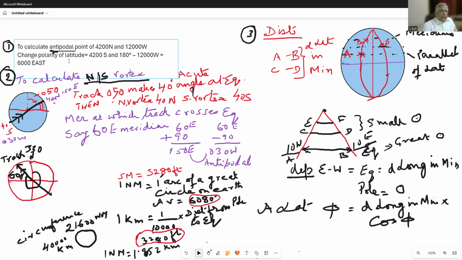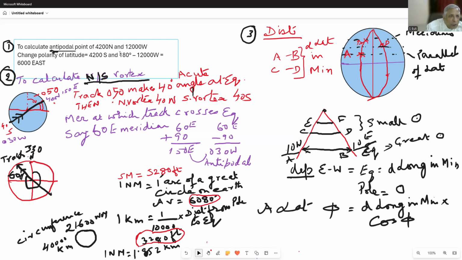If your point is, let us say, 42 degrees north and 120 degrees 00 minutes west, for an antipodal point, as far as the latitude is concerned, just change the polarity. If it is north, make it south. If it is south, make it north.